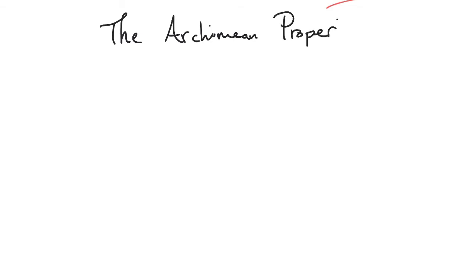The major topic for today is what we call the Archimedean property. These are all basic properties of the real numbers. We had the completeness axiom, and we used the completeness axiom to demonstrate the nested intervals property, and we're also going to use the completeness axiom to demonstrate the Archimedean property.